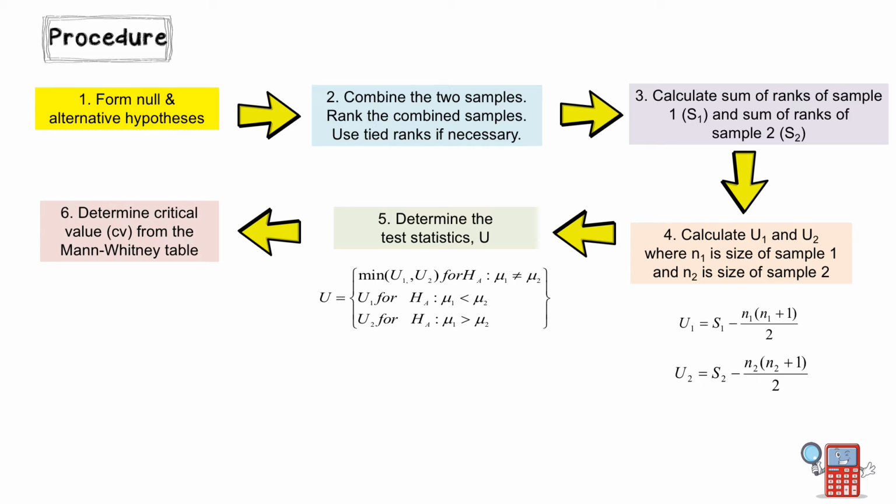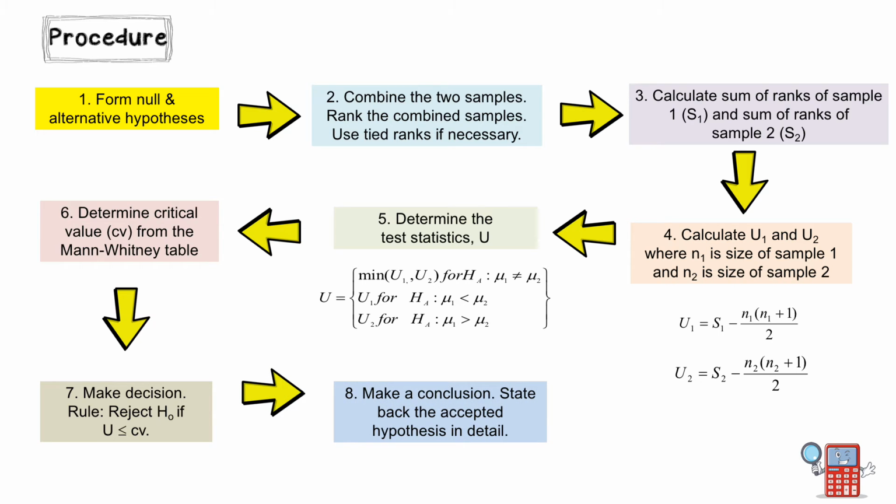In the sixth step, we determine the critical value from the Mann Whitney table. And this is followed by the seventh step, whereby we make a decision based on the rule of thumb that we reject the null hypothesis if U is less than or equal to CV. And the final step is to make a conclusion, whereby we state back the hypothesis that we decide to accept in detail.